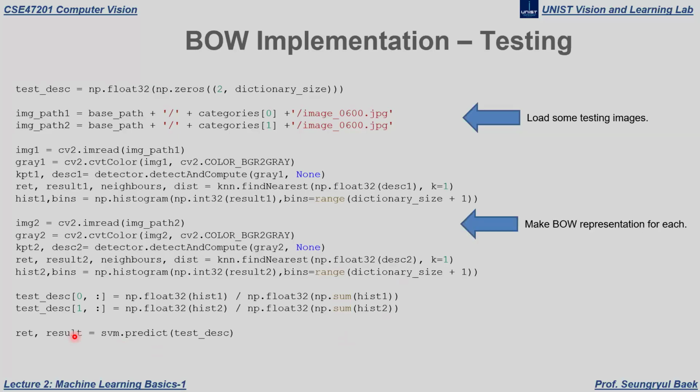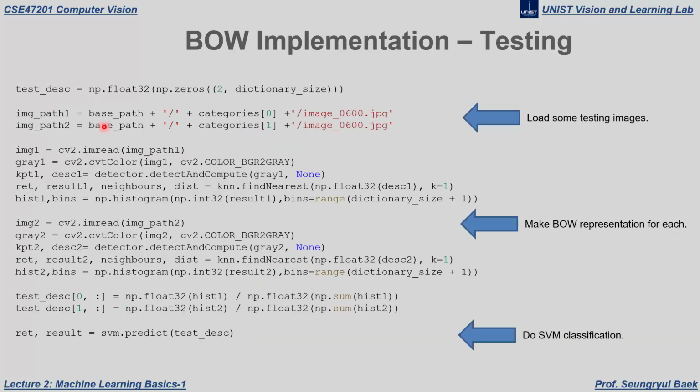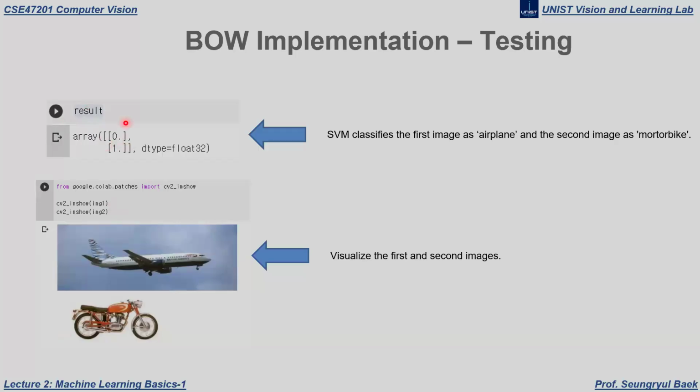And if you look at this result outputted from the SVM, it is 0 or 1, where 0 means the airplane and 1 means the motorbike.